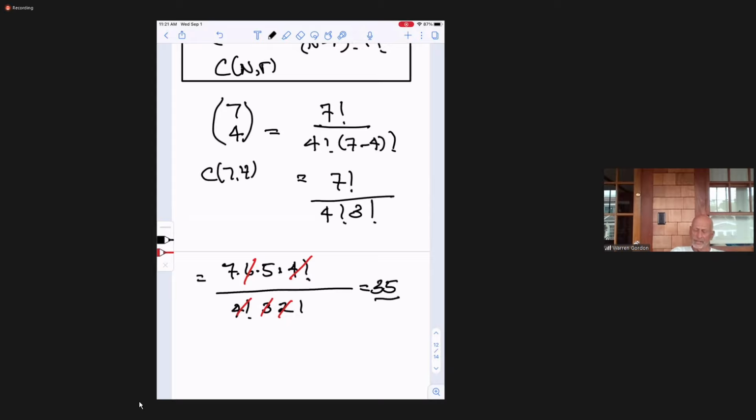So computing these combinations is pretty easy. Notice I can interpret this very nicely as the answer to the following question: how many committees of 4 can I choose from 7 people? And the answer is 35.